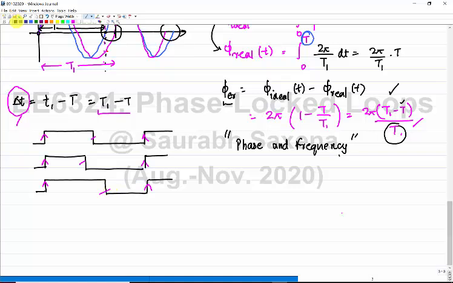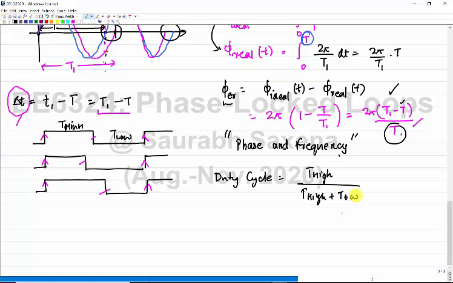Let me tell you, this is T on, T high and T low. Duty cycle of a clock is defined as T high divided by the time period, which is T high plus T low.